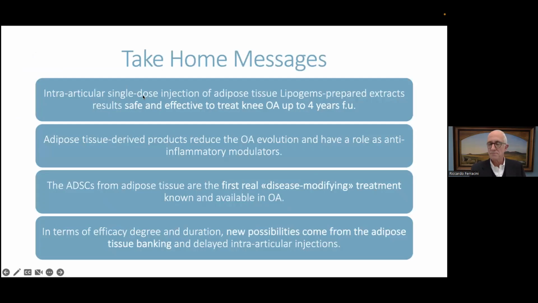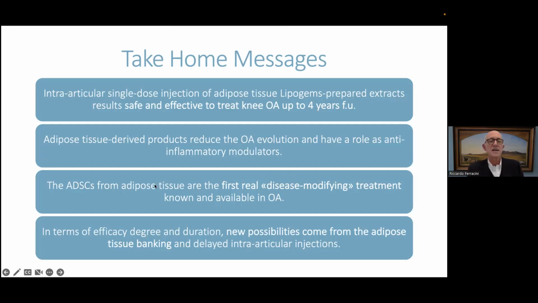Take-home message. It's an articular single-dose injection of adipose tissue and is effective up to 4 years. Adipose tissue-derived products reduce the osteoarthritic evolution of the knee and have a role as anti-inflammatory modulators. Adipose-derived stem cells can be proposed as a real disease modifier in knee osteoarthritis.